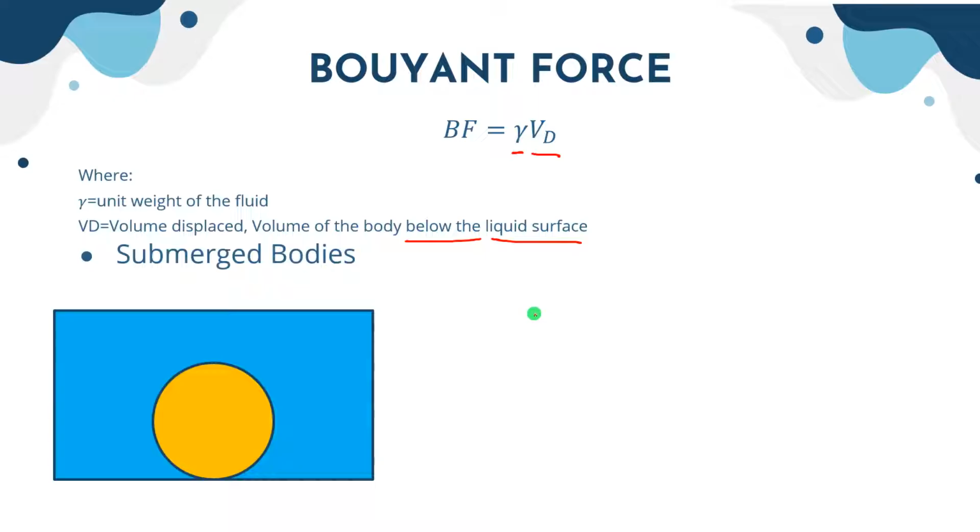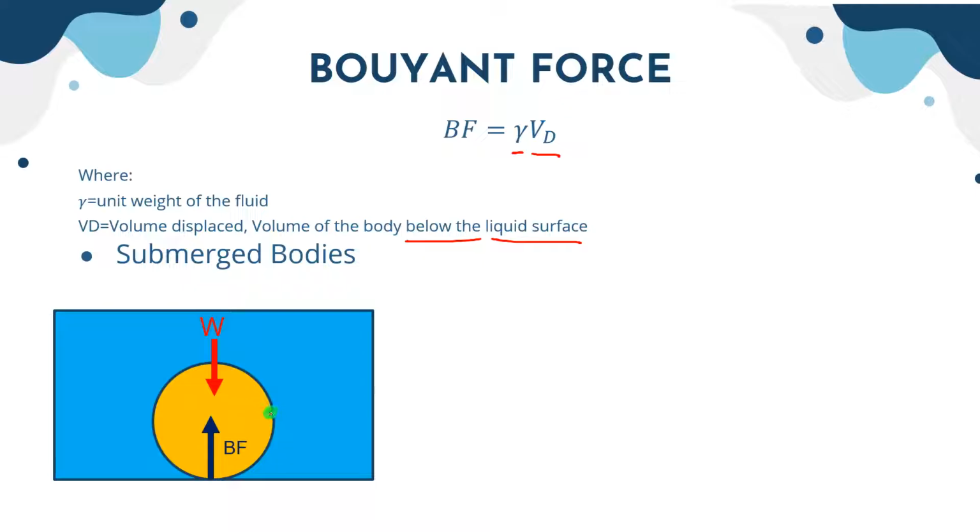Say for example, we have here a submerged body. If we are going to determine the vertical forces present between this body and the fluid, we have here the weight of the object, which is of course going downward, and as mentioned earlier, there is an upward force applied by the fluid on that object where it is being submerged. So we have an equivalent buoyant force which is going upward.